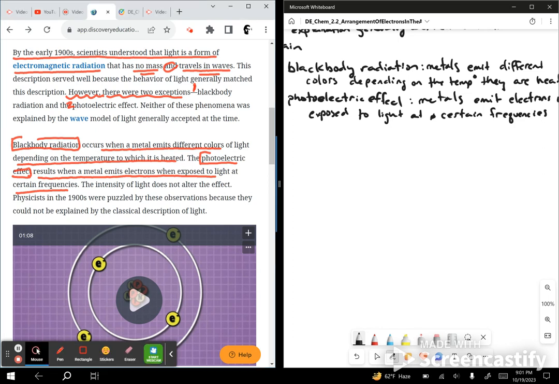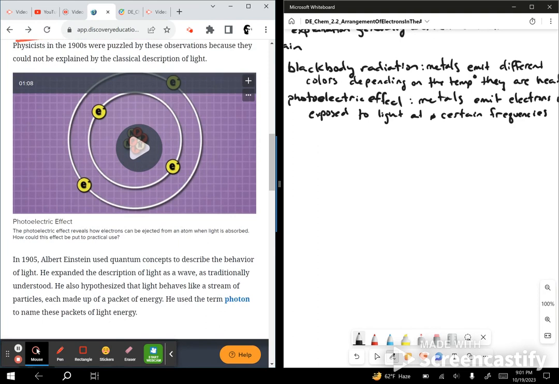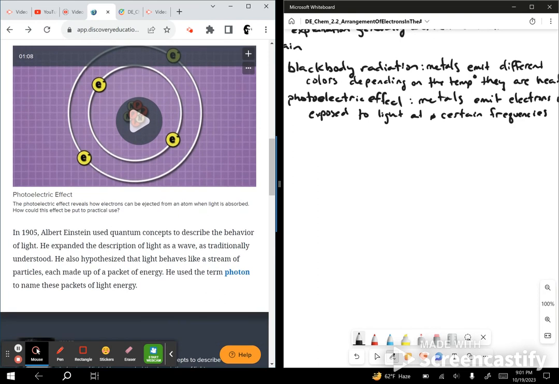Okay, so here we're running into a problem. This video is going to explain the photoelectric effect, but in general, with the photoelectric effect, you can have your nucleus with neutrons and you can have, we're just going to go ahead and use a simplified Bohr model here.